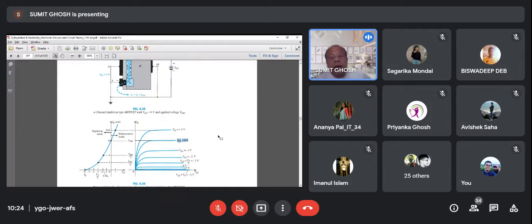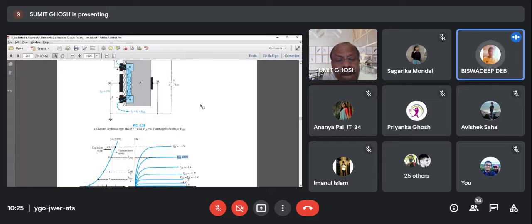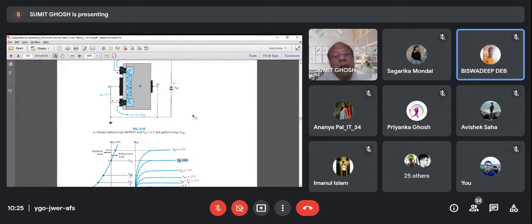Like in BJT, you have an output characteristic curve. In FET, you don't have any input characteristic curve. Can anybody tell me why? In BJT, we have seen there are input characteristic curve and the output characteristic curve.